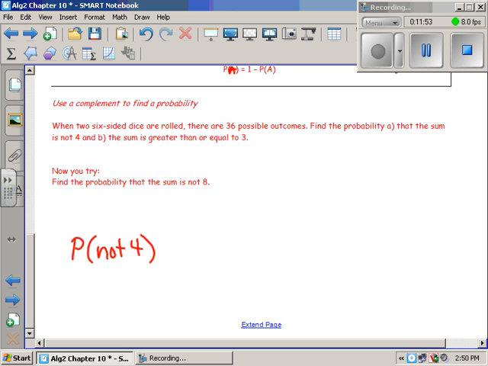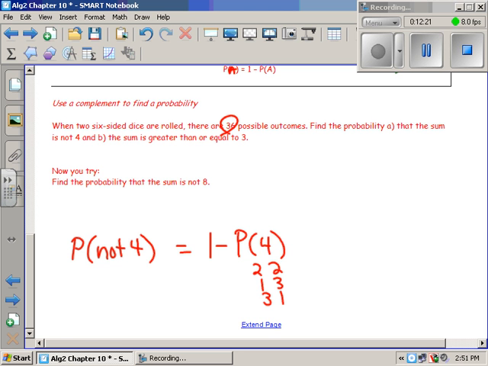So instead, sort of like a shortcut, I'm going to use the complement. I'm going to use 1 minus the probability of actually getting a 4. And those are equal, because 1 minus the probability of getting a 4 would be the probability of not getting a 4. All right, so what are the ways I can get a 4? I can get 2 and 2, 1 and 3, 3 and 1, and that's it. So there are 3 ways out of 36.